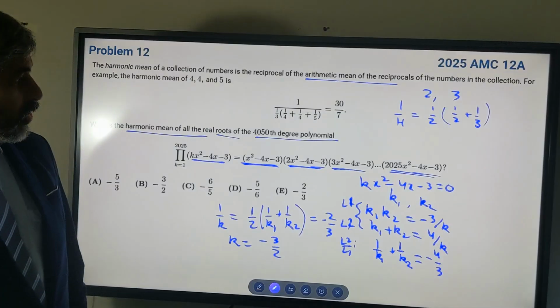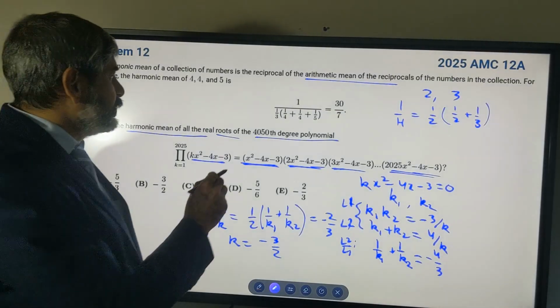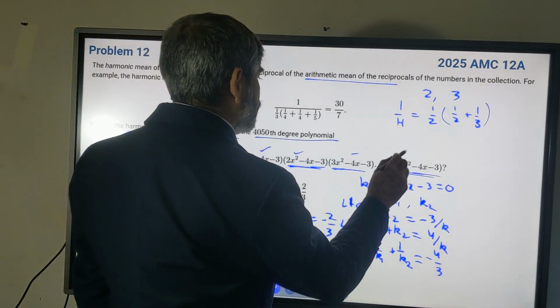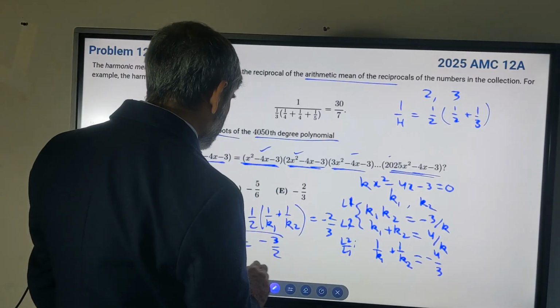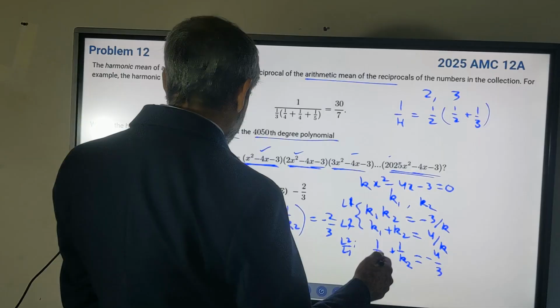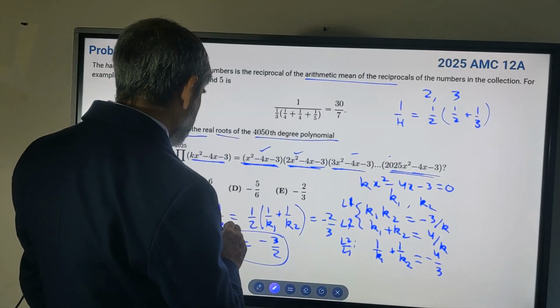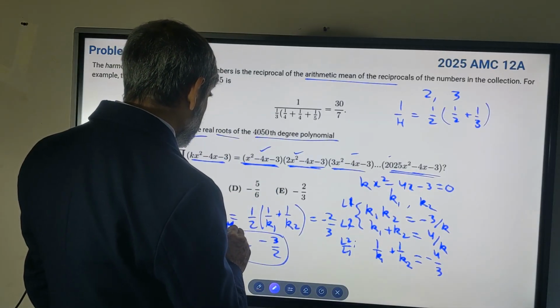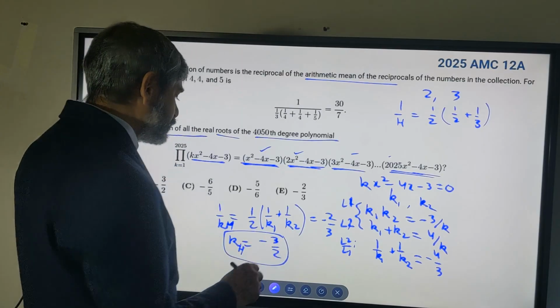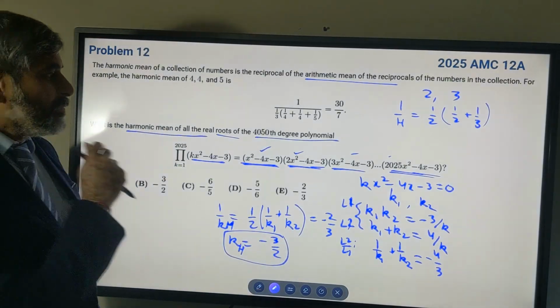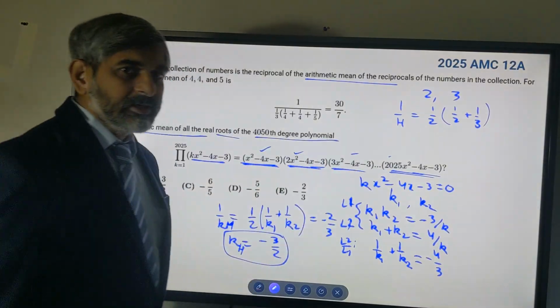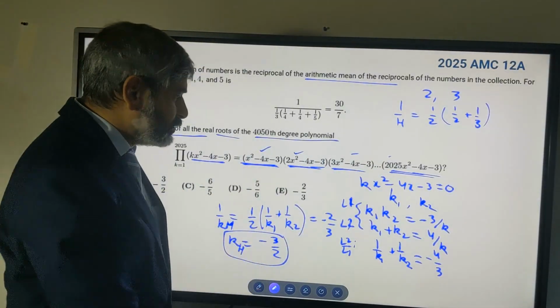So the harmonic mean of any of these terms is minus 3 by 2, and that is independent. I'll call it kh. So kh is minus 3 by 2. So the harmonic mean of all these terms is minus 3 by 2.